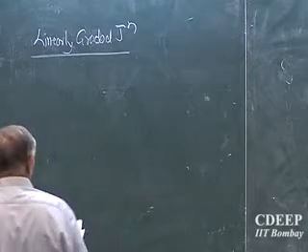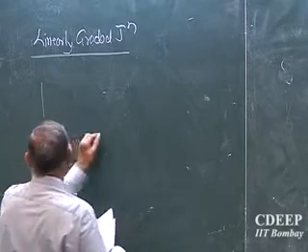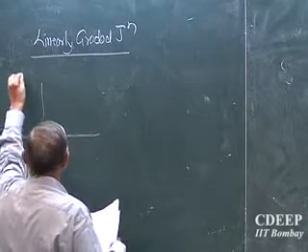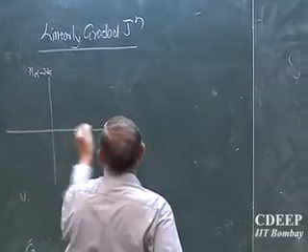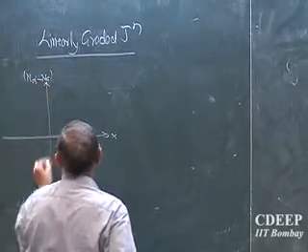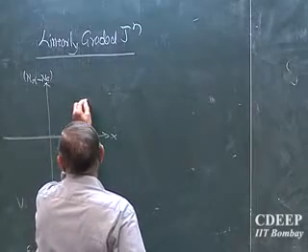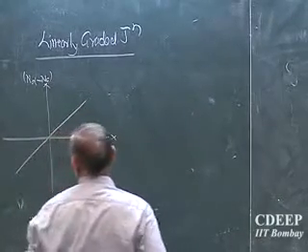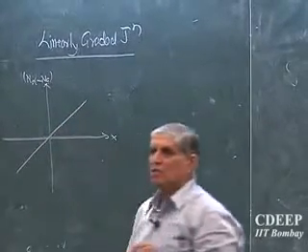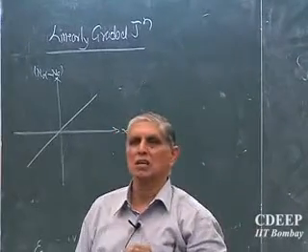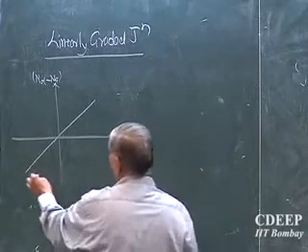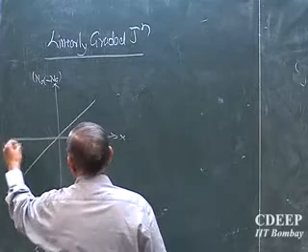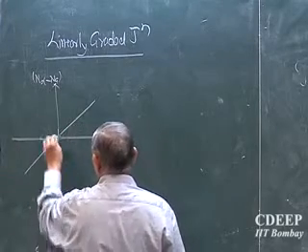Okay, so here is a profile I want to show you. This I am plotting ND minus NA versus X. This is called linearly graded. That is ND minus NA on the y-axis, and this is my X equal to 0.